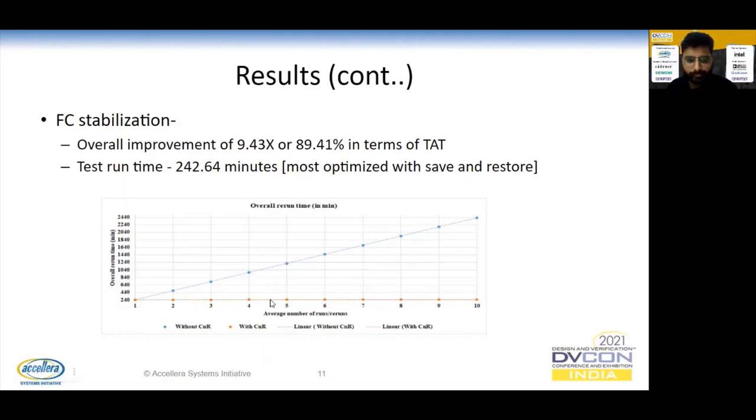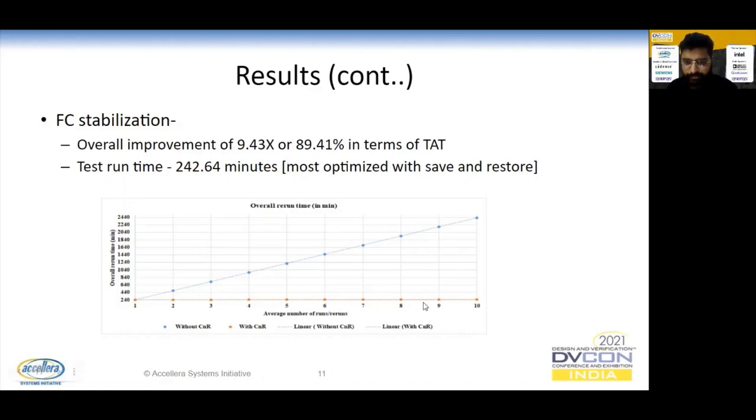In the case of the tool, since we are only simulating a part of the test bench, which has only the relevant VIPs, and we are driving only the interfaces on coverage groups and coverage monitors, the runtime will be very, very small. In this case, it was around 3 minutes. So here you can see for each iteration with the tool, we can add 3 minutes.